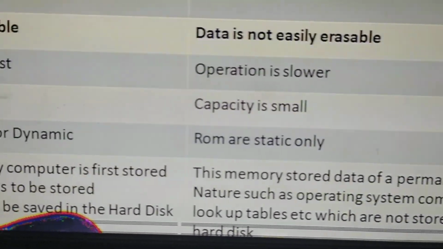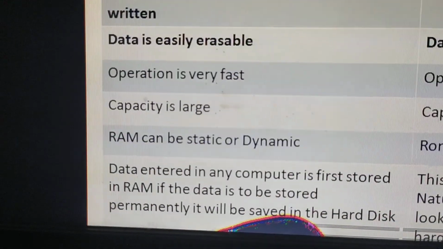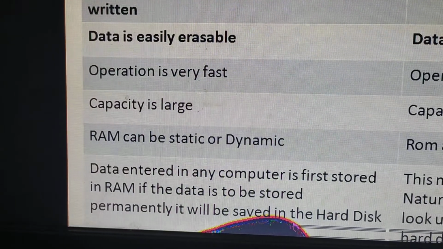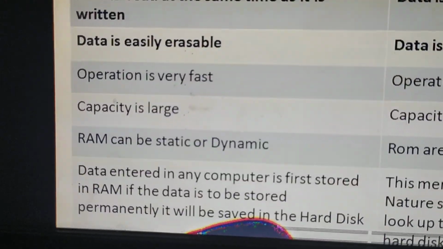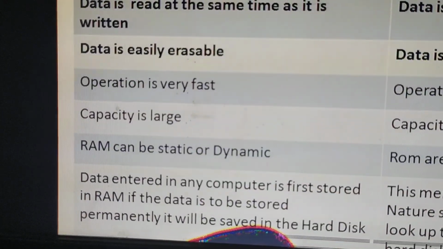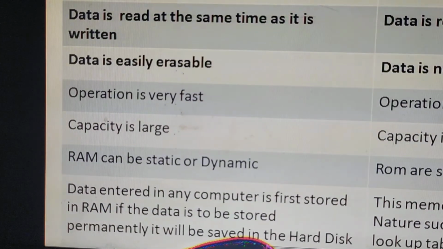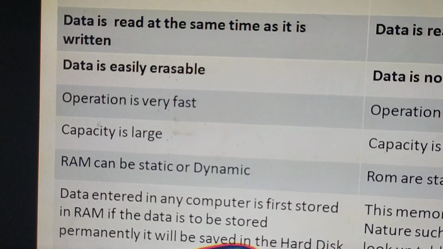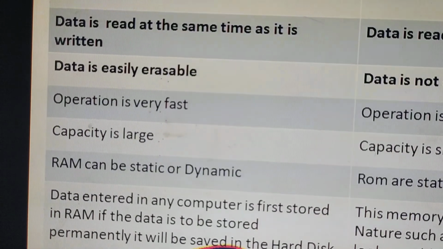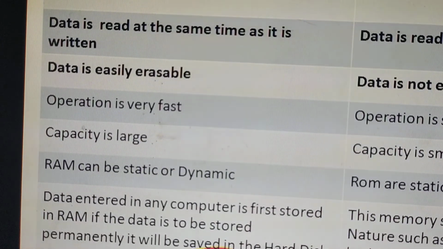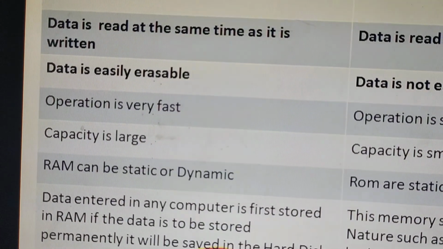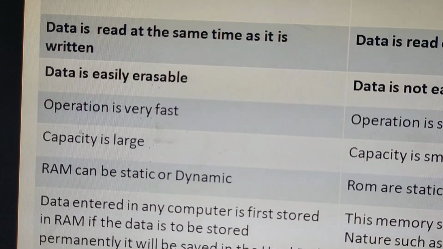Coming to the next difference, the capacity of RAM is large. Suppose now we have 8 GB RAM. Basic computers used to have 1 GB RAM, 50 MB RAM, and so on. Now 8 GB is the most fundamental RAM.